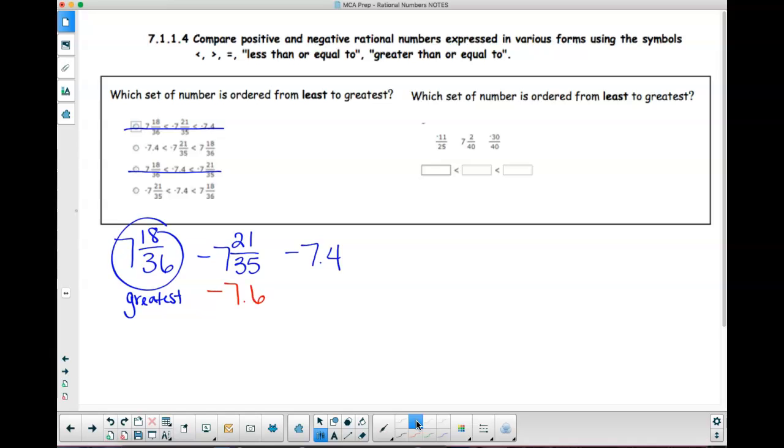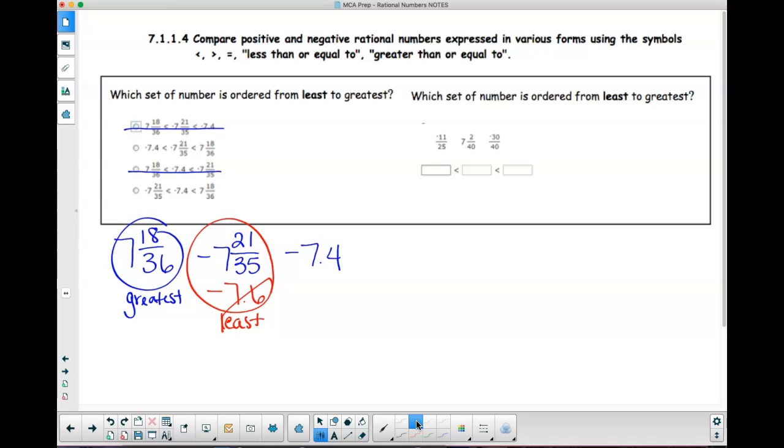Which is smaller, -7.6 or -7.4? Really? -7.4. Careful. When they're negative, the one that's more negative is actually smaller. So this right here is the least number.